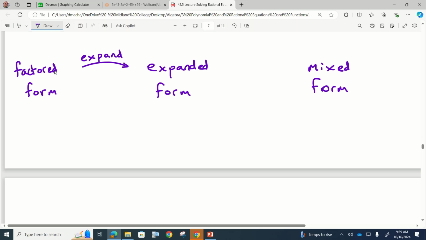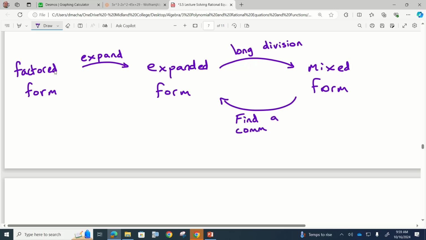And that is kind of a hassle, but it's pretty easy. Going from expanded form to mixed form, we do long division. When we want to go from mixed form to expanded form, we just find a common denominator and add those up.